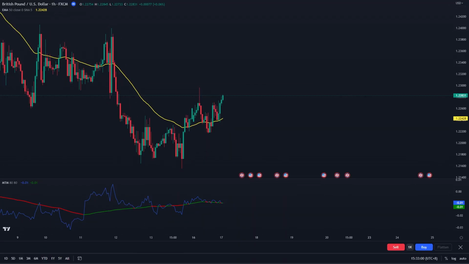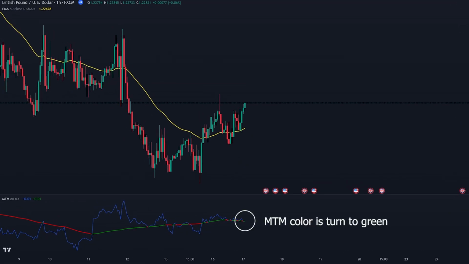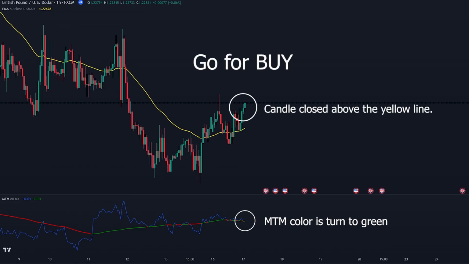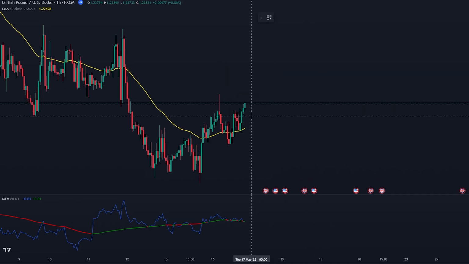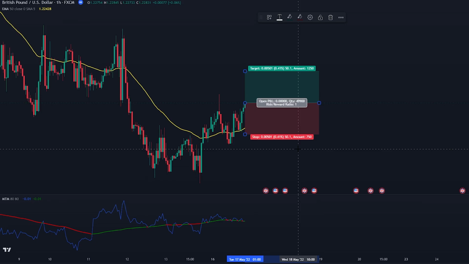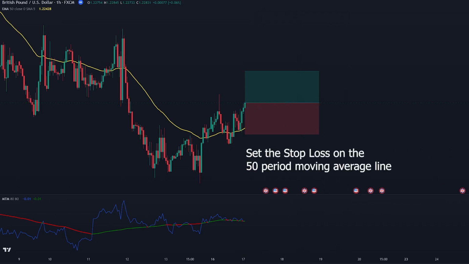You can see in the chart, the MTM color has turned green and the candle closes above the yellow line. You can place a buy entry. Set the stop loss on the 50-period moving average line.